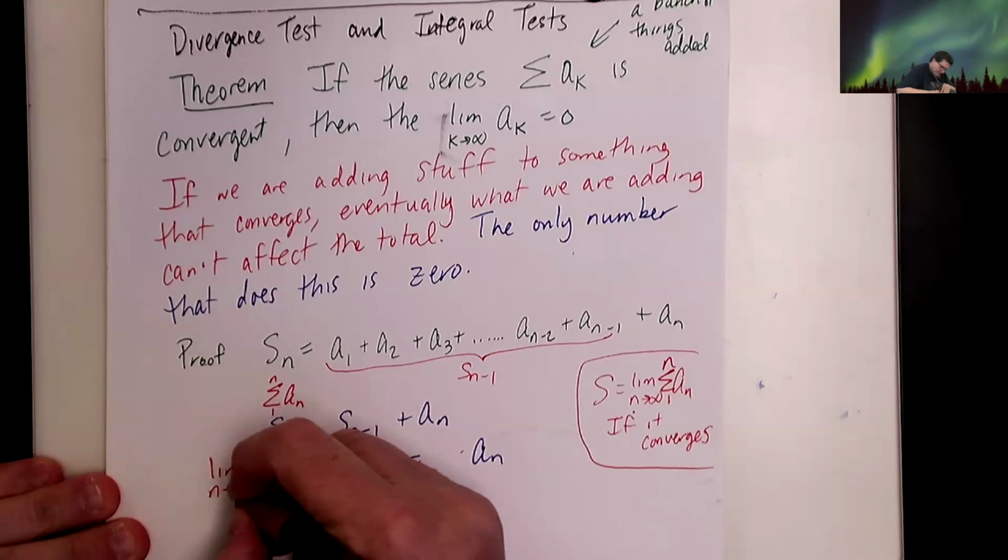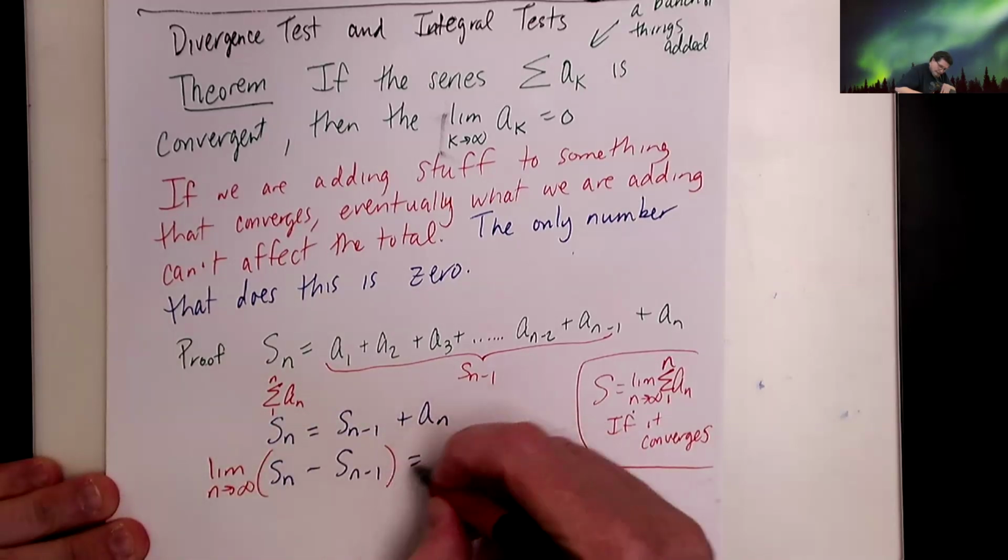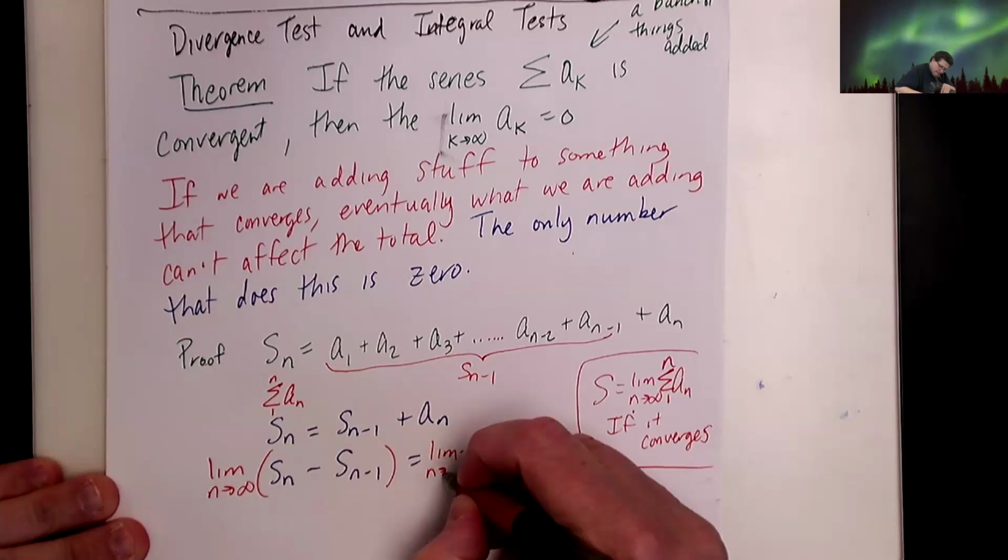Limit as n goes to infinity of the left side, and the limit as n goes to infinity of the right side.